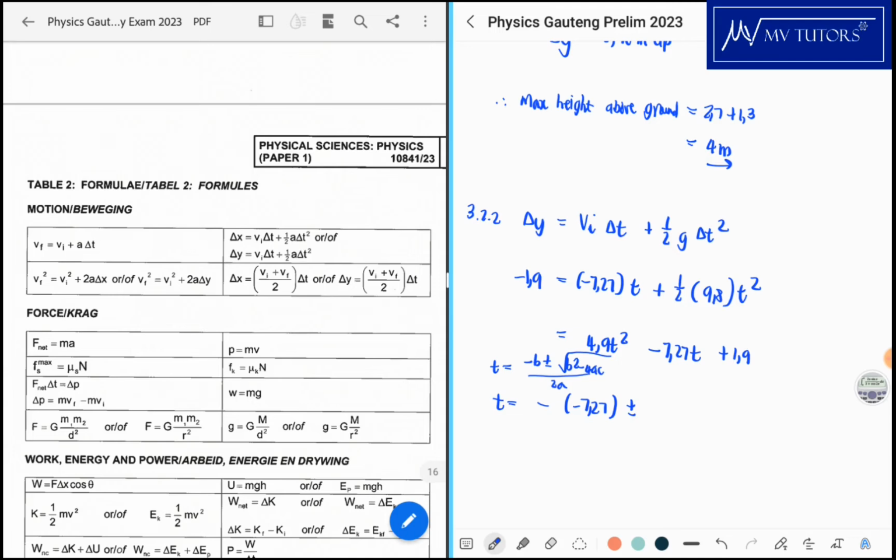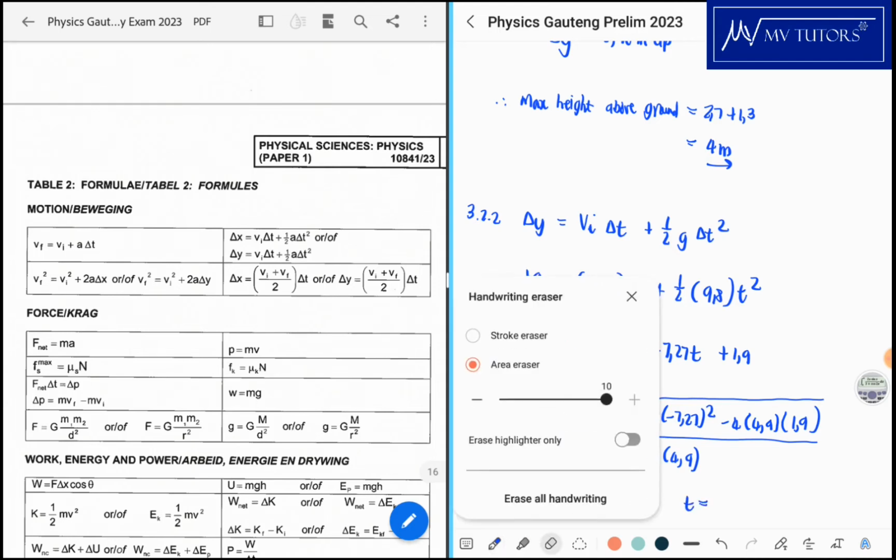So we have negative 7,27 squared minus 4 times 4,9 times 1,9, all under a square root, divided by 2 times 4,9. Let's see that t is going to be equal to this.